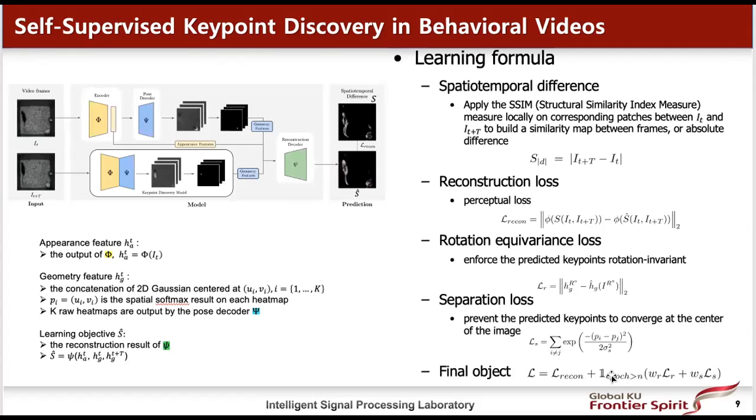It is a combination of the reconstruction loss, the rotation loss and the separation loss. And it uses a curriculum learning manner. It first just uses the reconstruction loss to train the network.